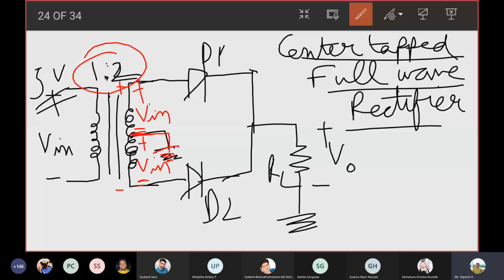If you get 10 volts across the secondary winding of the transformer, since it is center tapped, it is equally divided as plus 5 volts and plus 5 volts here. Is it clear? Yes, sir.